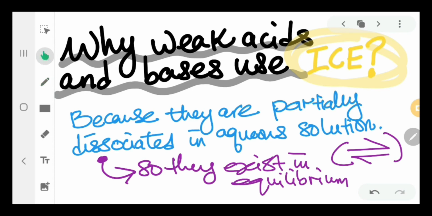So this is the reason why we use ICE for weak acids and bases, because they are partially dissociated. Unlike strong acids and bases, they are fully dissociated, and we can assume that the concentration of your strong acid and base directly corresponds to the concentration of H plus and OH minus.